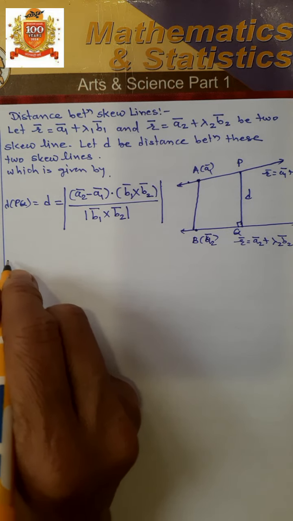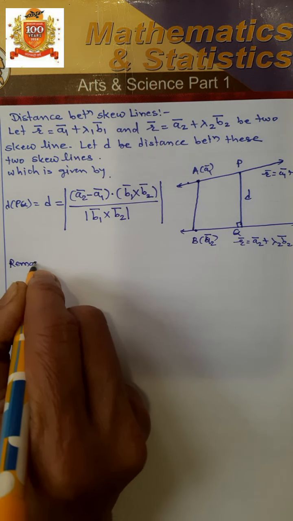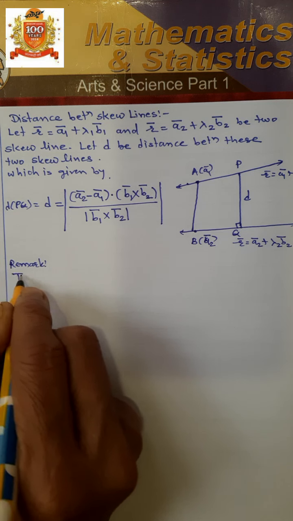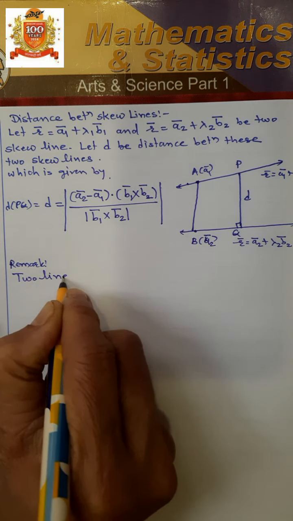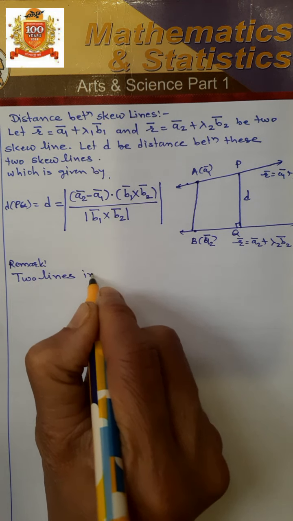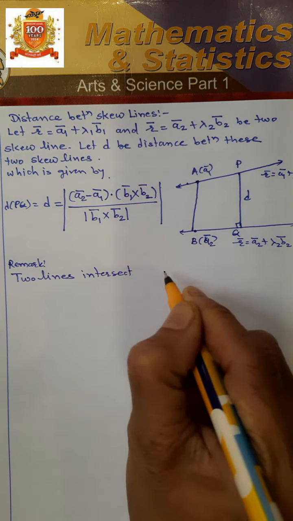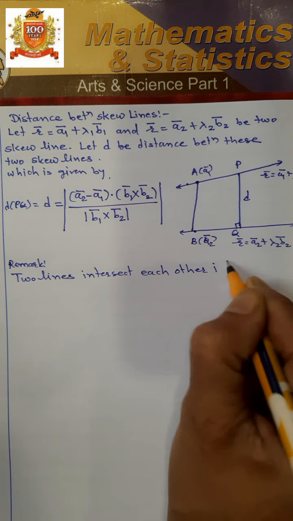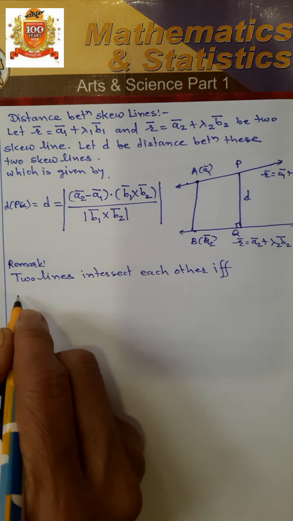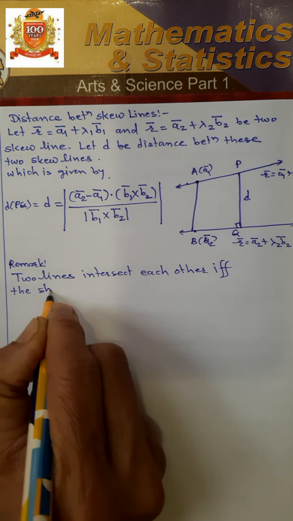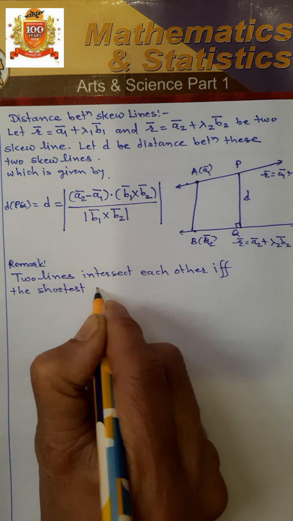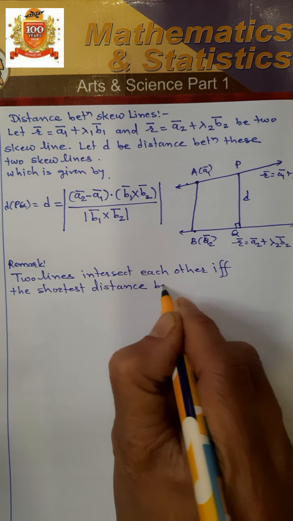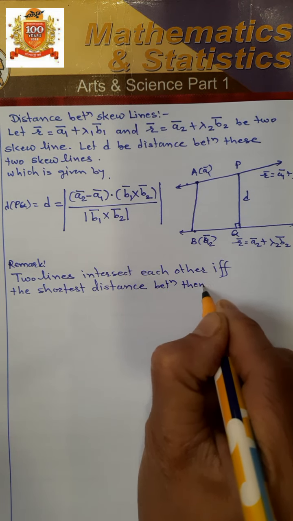Let us see the remark based on this topic. Two lines intersect each other if and only if the shortest distance between them is 0.